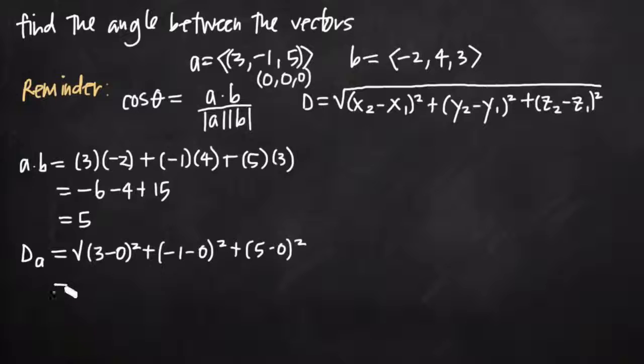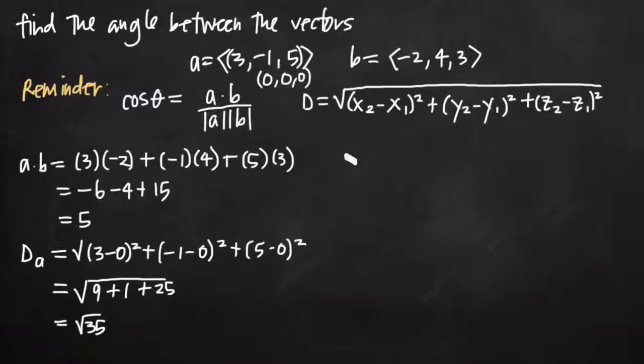If we simplify this, we get the square root of 3 squared, which is 9, -1 squared, which is 1, and 5 squared, which is 25. So we've got the square root of 35 as the length of our vector A.